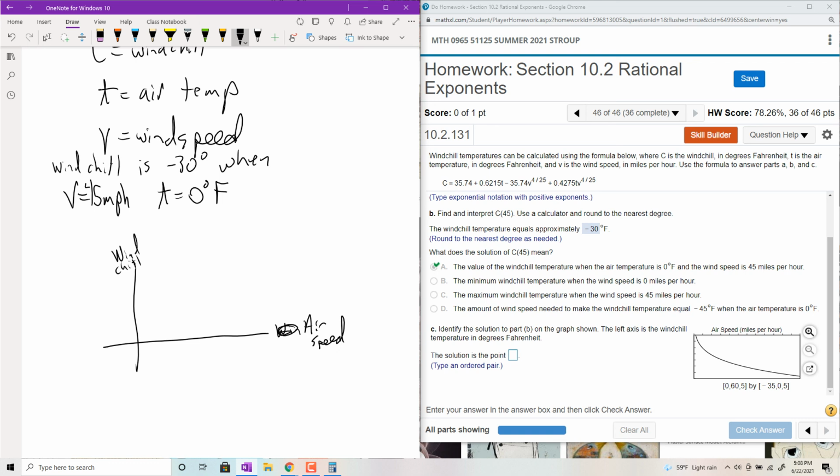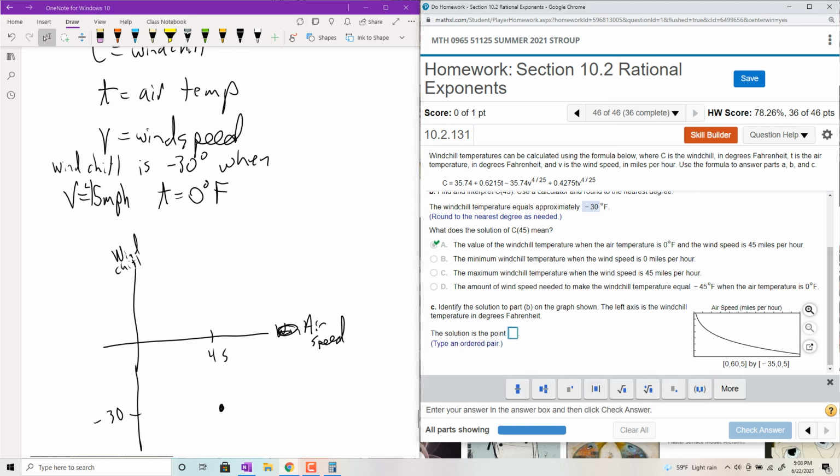Okay, so 45 comma negative 30 would be down here somewhere. So the solution point is 45 comma negative 30.